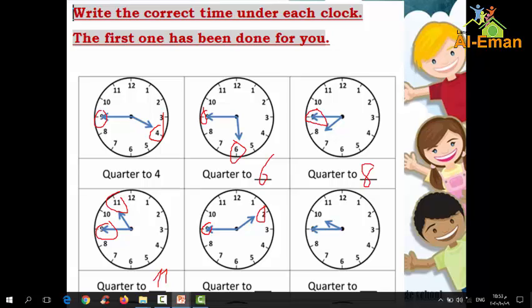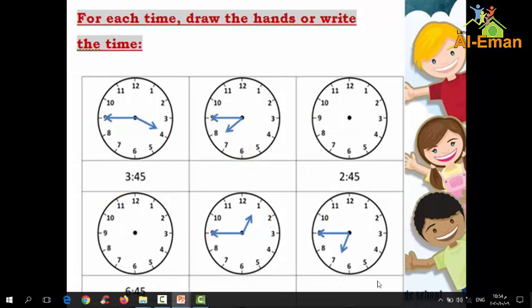So what's the time? It's a quarter to 2. And the last one. Short hand points to 10, but long hand points to 9. So what's the time? It's a quarter to 10. That's great.